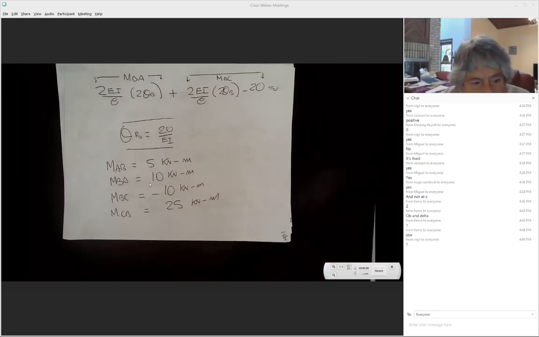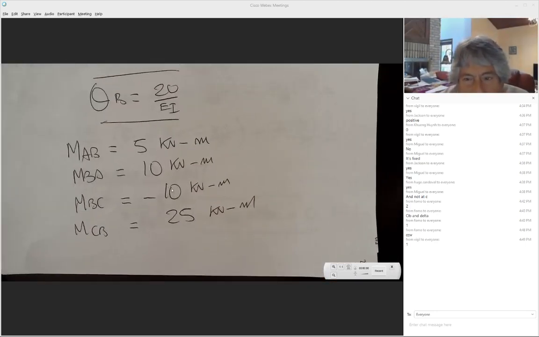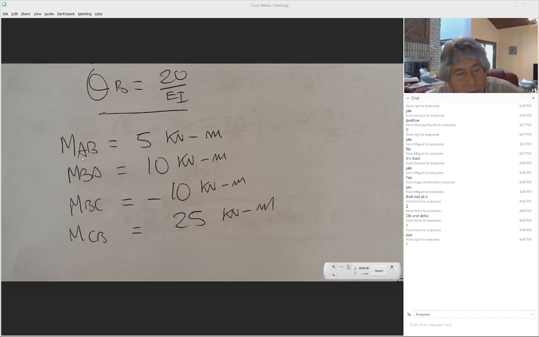When I replace the value in my equation, I find that the moment AB is 5 kilonewton meter. The moment BA is 10 kilonewton meter, and they came positive. Moment BC is minus 10 kilonewton meter, CB is 25.